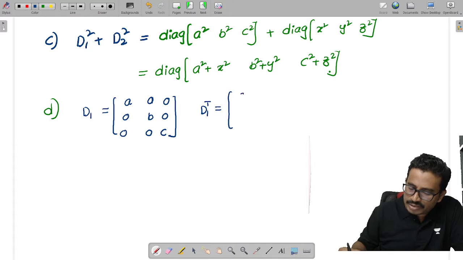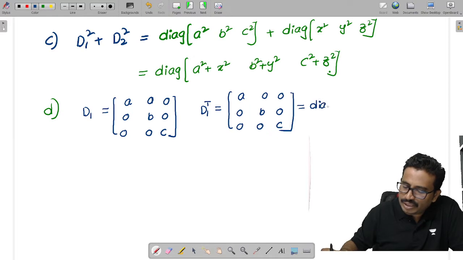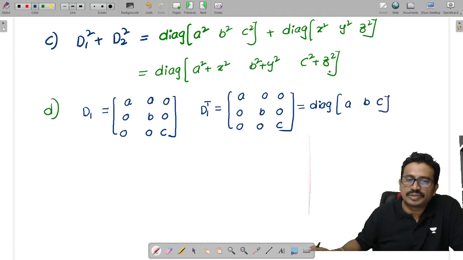Only principal diagonal elements are there. Principal diagonal elements do not change by taking the transpose. So D1 is exactly the same, the diagonal matrix of a, b, c. No change in the transpose also.